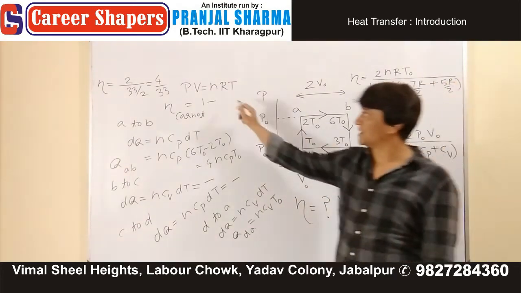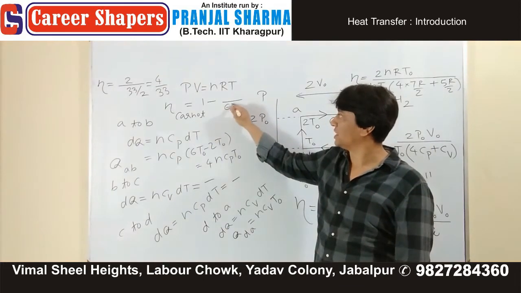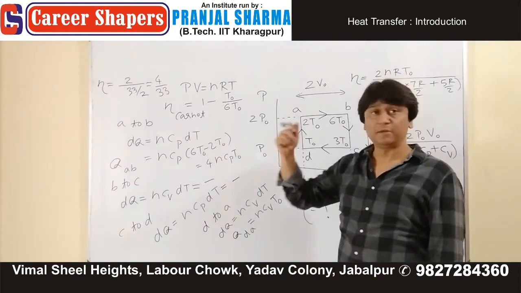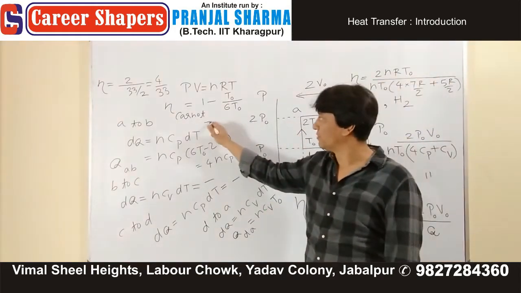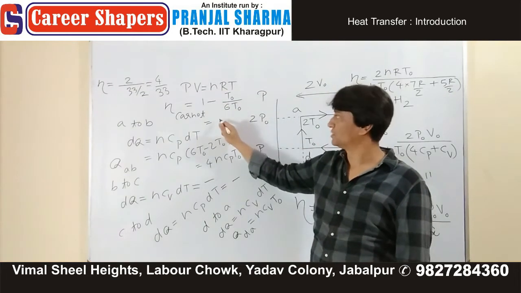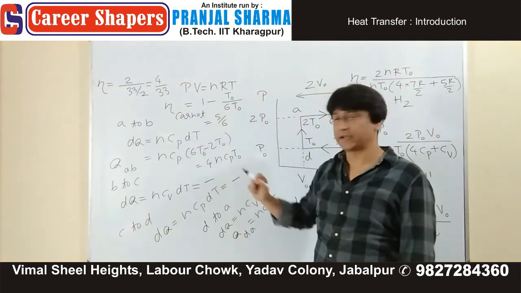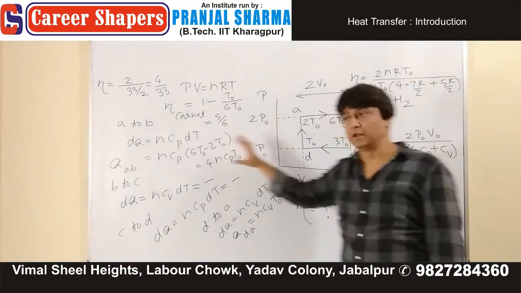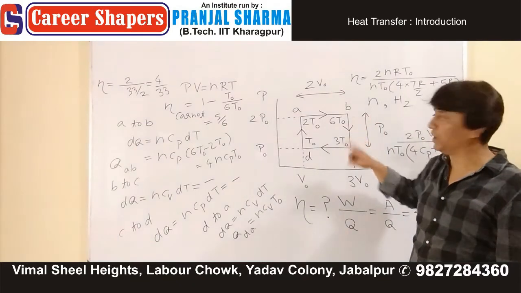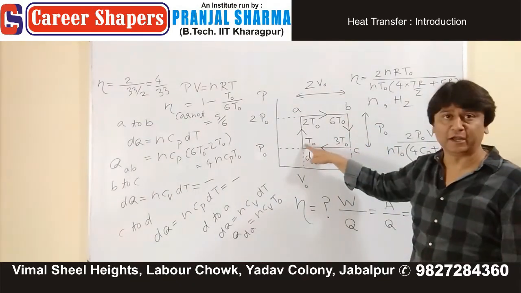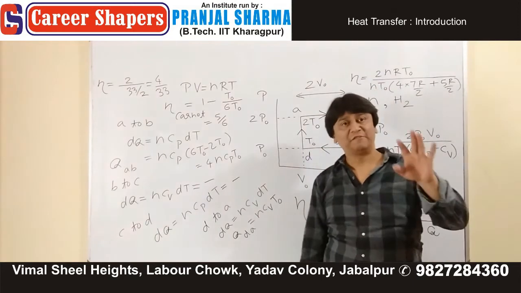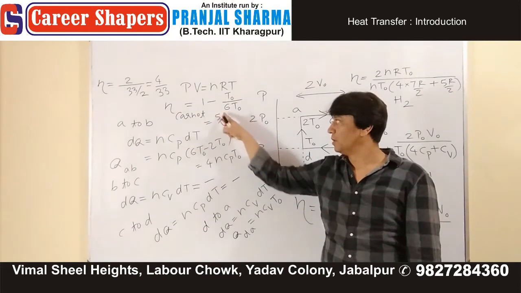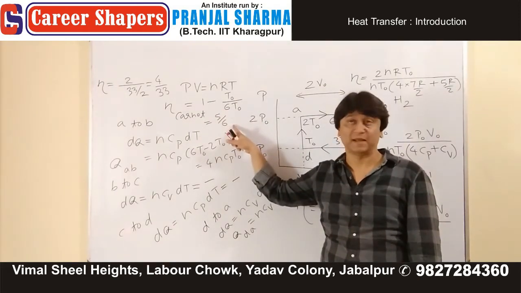So had it been a Carnot cycle, its efficiency would have been 1 minus 1 by 6, which is 5 by 6. This is special about Carnot. If you run the whole process between 6 T naught and T naught, the most efficient cycle is the Carnot one and will give you efficiency of 5 by 6.